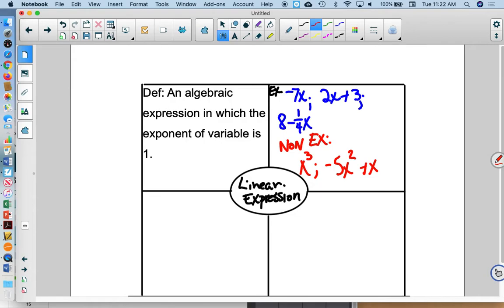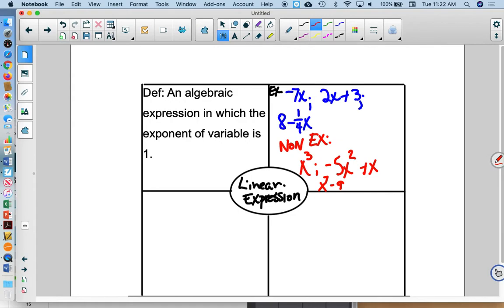What if I said x to the 7th minus 9? Is that a linear expression? No. The minute you hear a different exponent than 1, you know it's not. Absolutely cannot be. Okay?